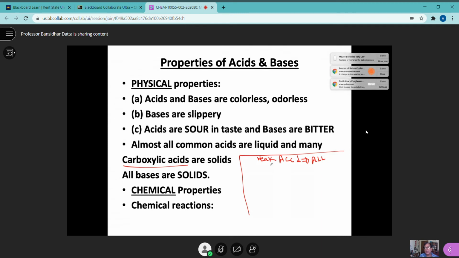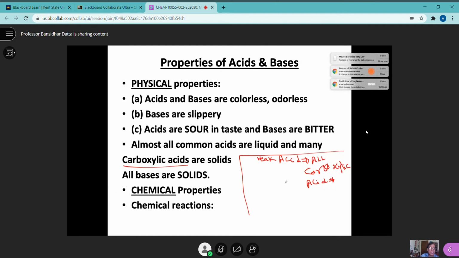Carboxylic acids are organic compounds, we'll talk about them later on. Carboxylic acids are weak acids. So weak acids are all carboxylic acids.